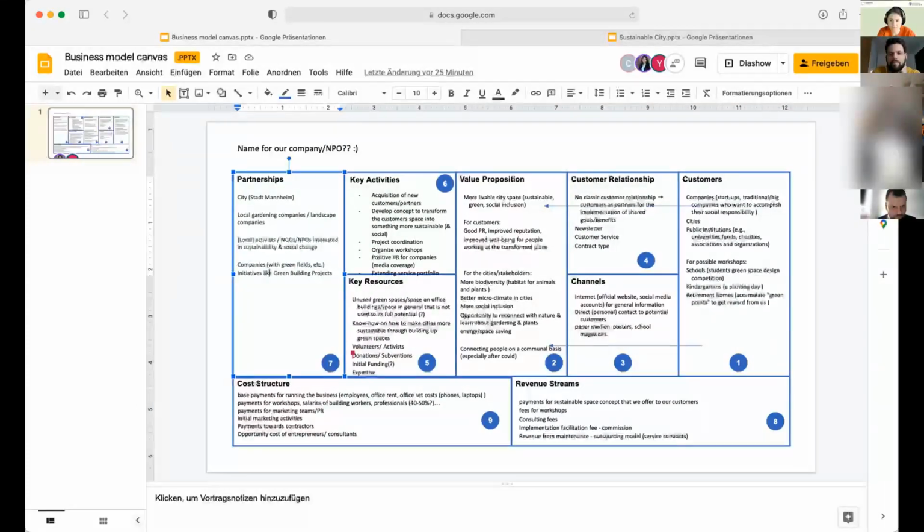That's how we've thought about the model from a revenue and cost structure point of view. When scaling, we've also thought of increasing our portfolio beyond green spaces, with vertical farming, green building projects with green facades or vertical farms, and urban farming. We're brainstorming, but this is the model that we have as of now.